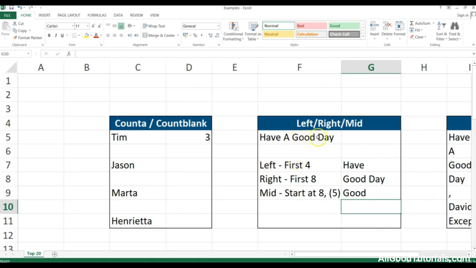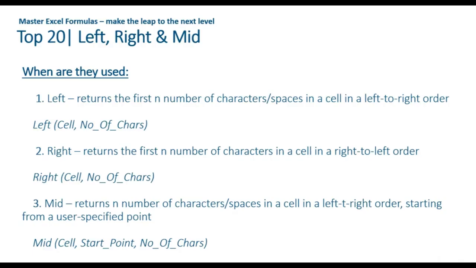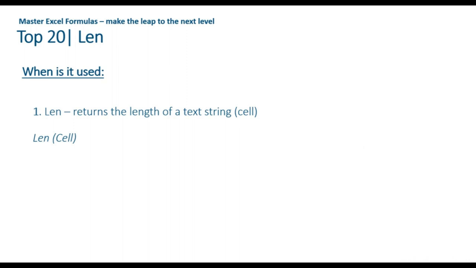So good and the empty space between good and day is included in this result here. Okay, so the next formula here is the len formula. It purely returns the length of a text string.